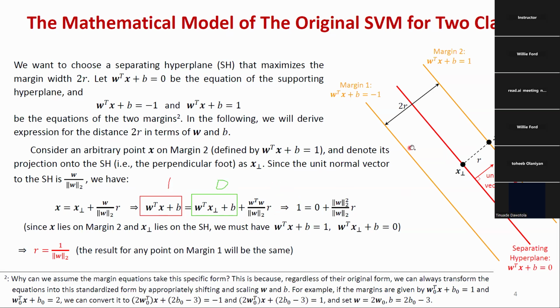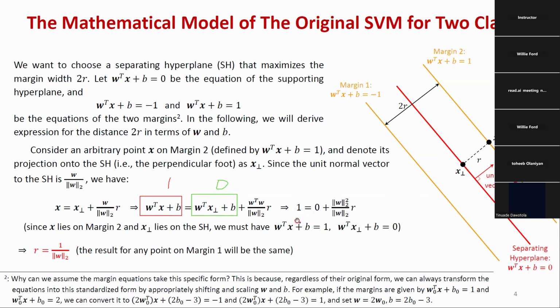Don't forget that this point X per lies on the separating hyperplane. What is the equation? W^T X plus B equal to 0, right? So here my X per lies exactly on it. And hence the whole thing should be 0.